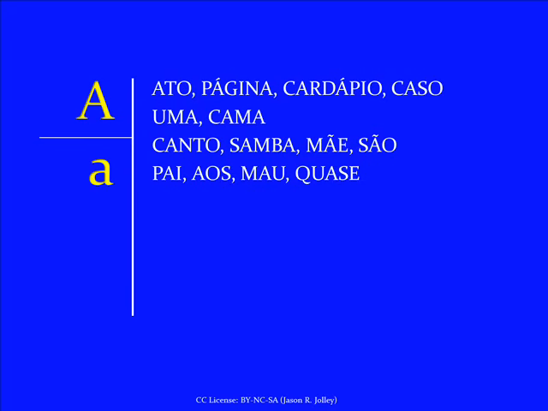Third line nasalized, as in canto, or samba, or mãe. And then the fourth line will be the vowel adjacent to another vowel pronounced in the same syllable, a diphthong, pai, aos, mal. So that just gives you an idea of how I've put the words into different sets, illustrating variants of a sound represented by a single letter.